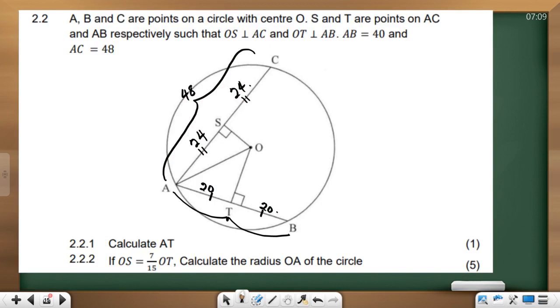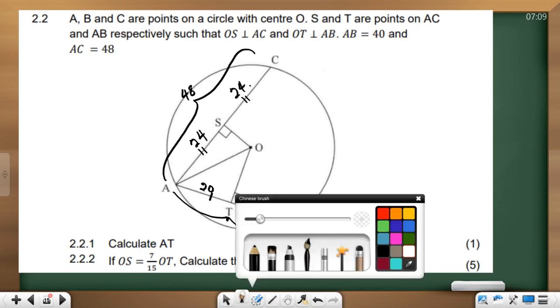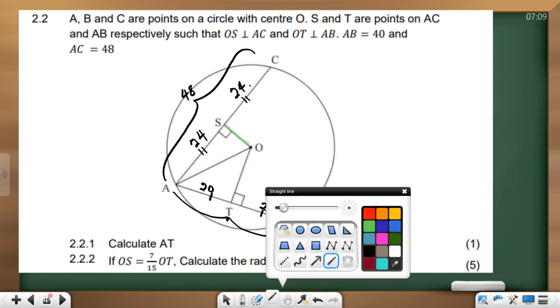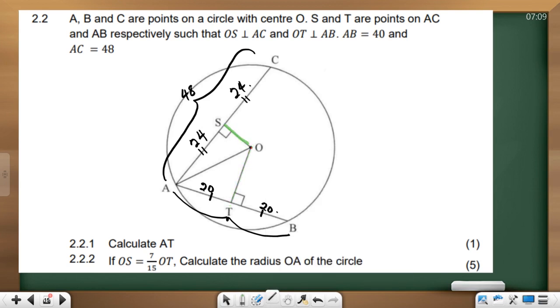Let's go, there's so many things going on here. If OS, where's my highlighter? OS is equal to 7 over 15 OT. That's between two triangles. Find what? The radius OA. Let me draw OA out.